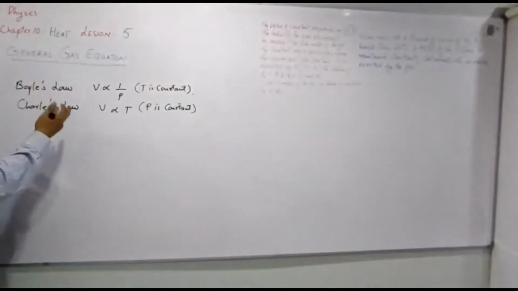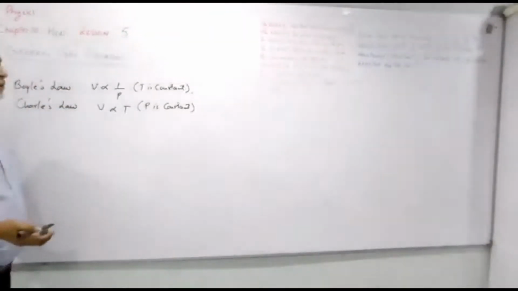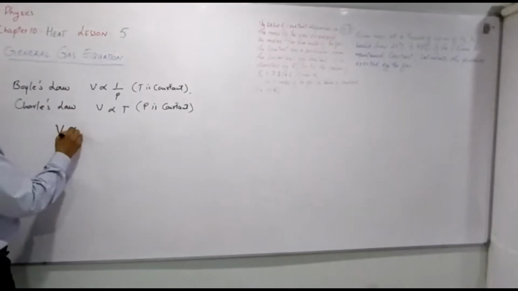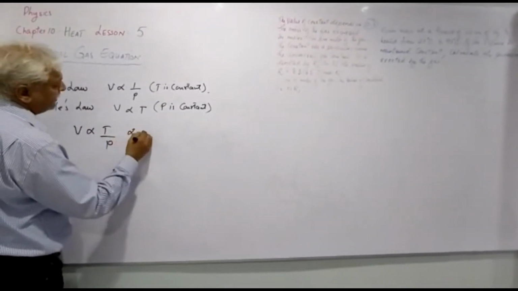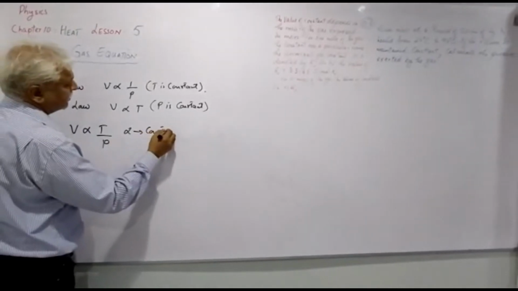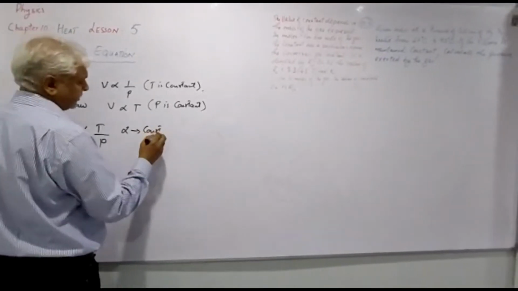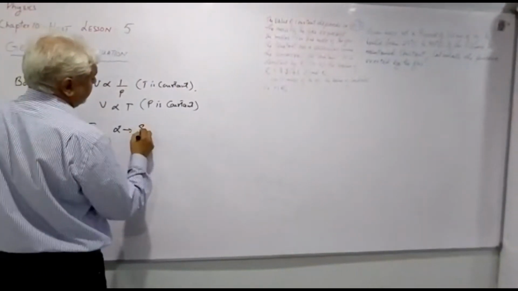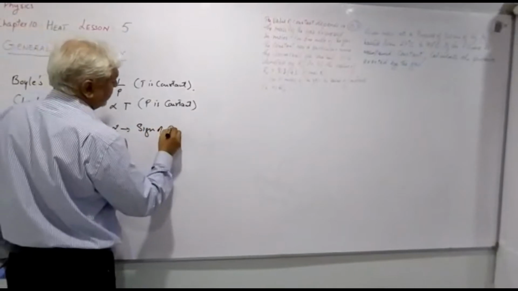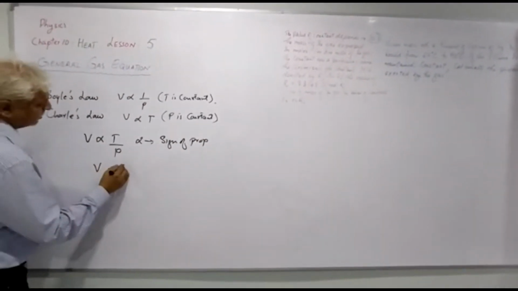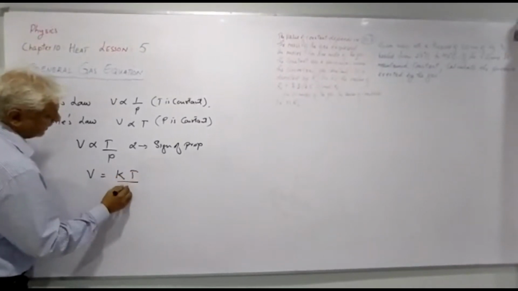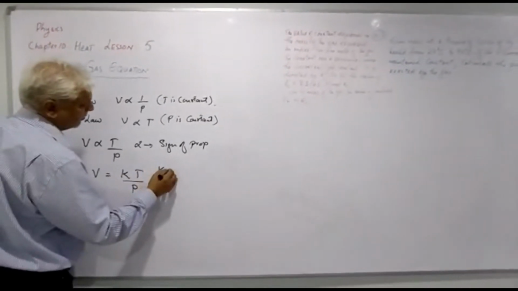So when you combine both these laws, Boyle's law and Charles' law, we get volume is proportional to T upon P, where alpha is the sign of proportionality. When you remove this alpha, we put a constant, and K is your constant of proportionality.